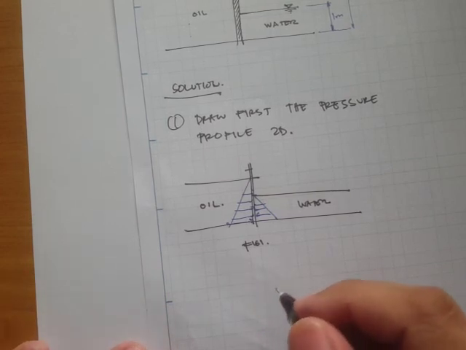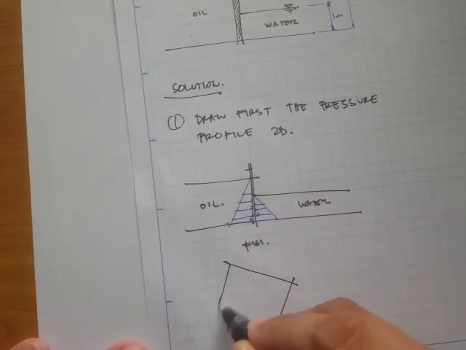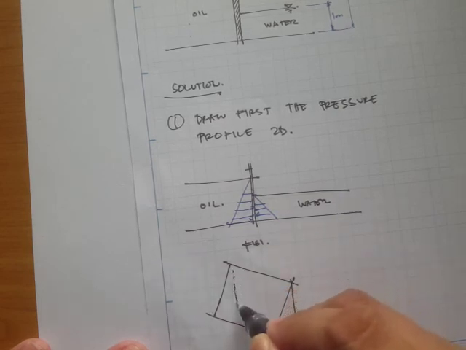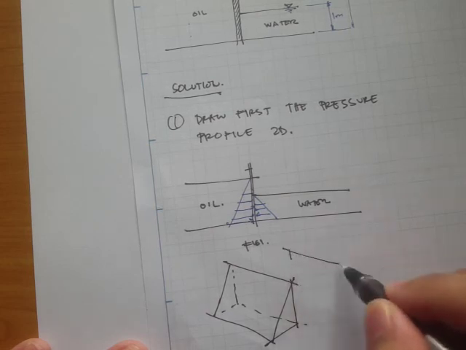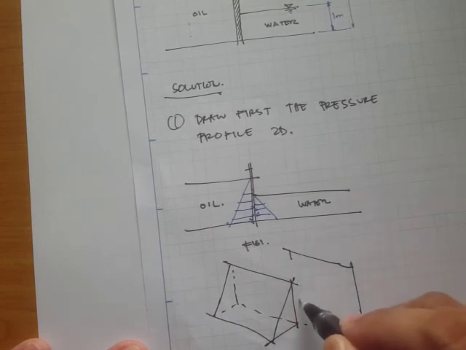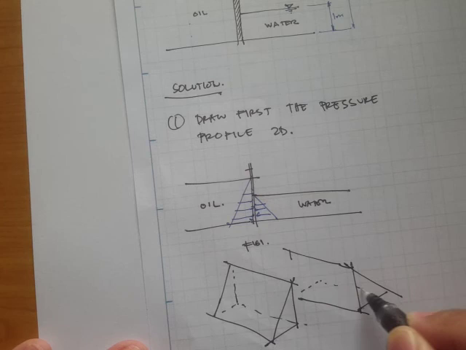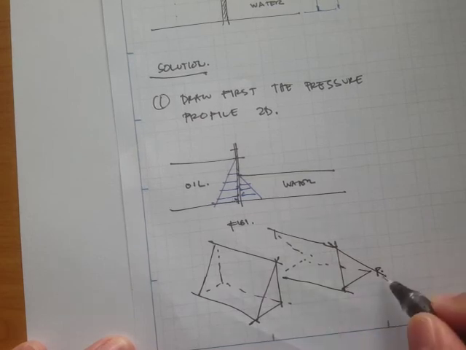Then if we also try to draw the prism, then we have this, and then another prism from the water. Okay, so what is this pressure? We have to find this pressure.